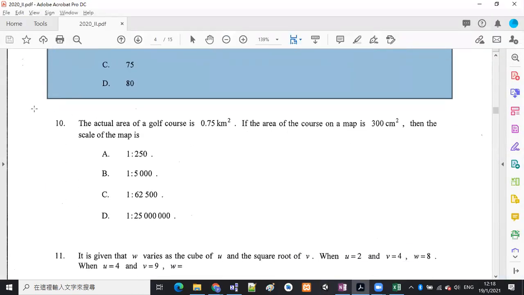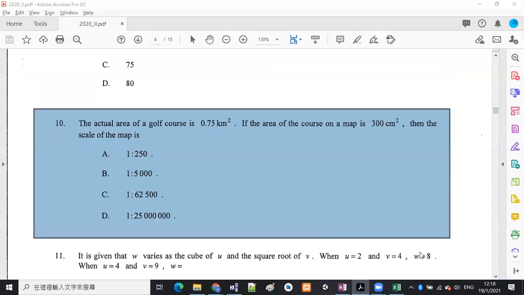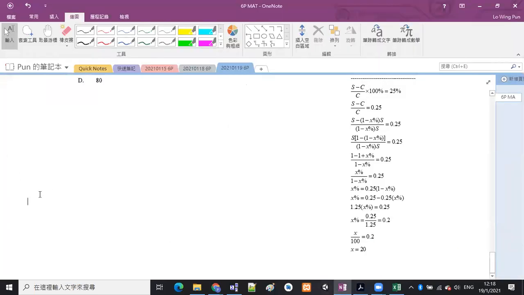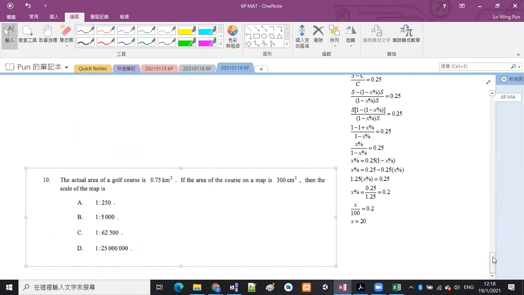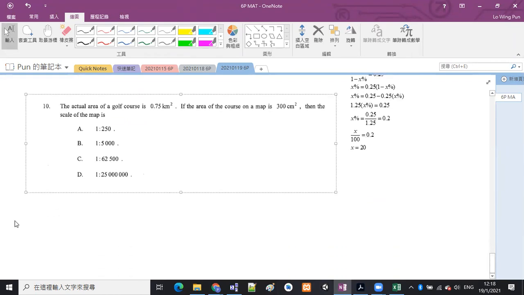And then number 10. The actual area of a golf course is 0.75 km square.